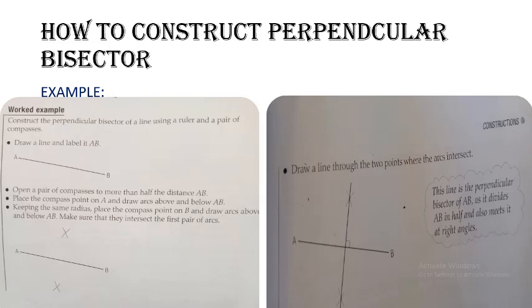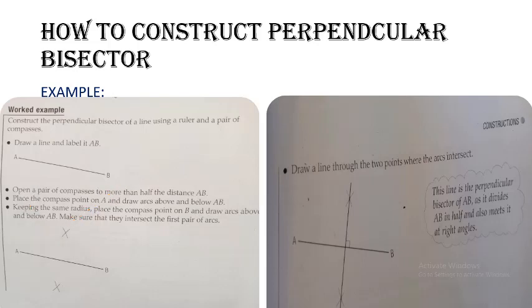Here you use a ruler, and then you just open your compasses to make sure that there is a distance between the compass point and the pencil. The third step is to place the compass point on A and draw arcs above and below AB.